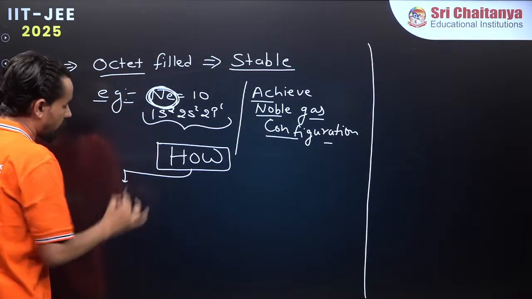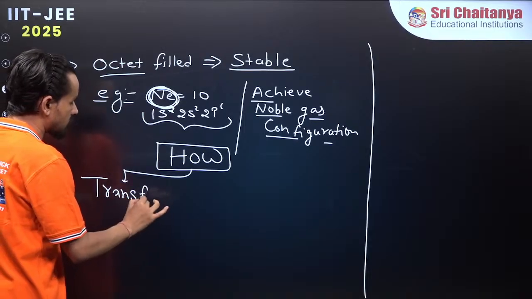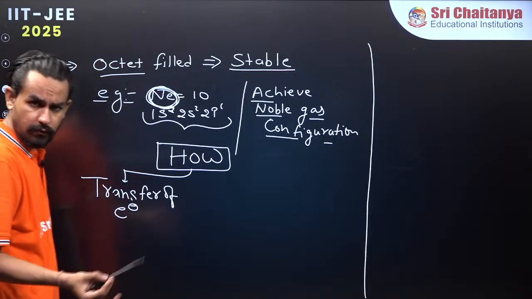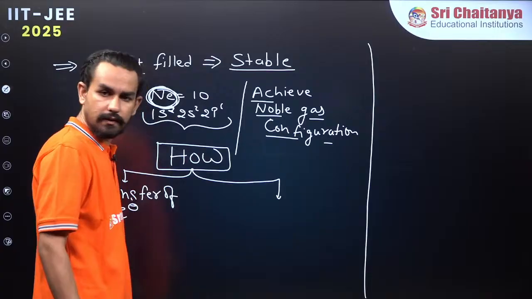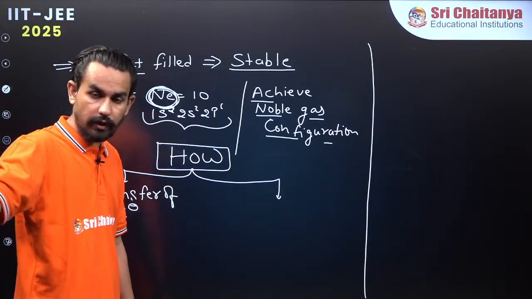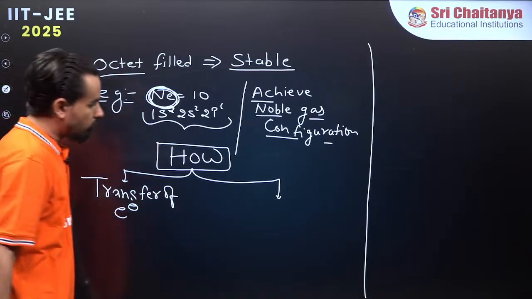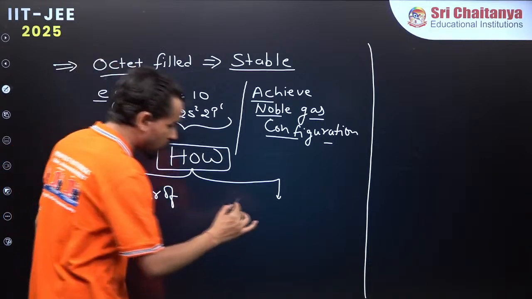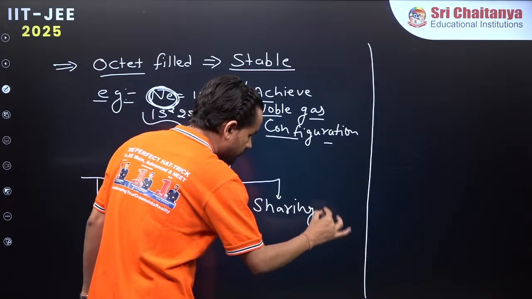That is, in one word we can say transfer of electrons. One method is transfer of electrons that we have seen in valency. In valency also we are seeing how many electrons are needed to be lost or gained in order to attain noble gas configuration. So that is transfer of electron. And one more thing, I gave you a hint when we were discussing carbon, one more procedure is sharing of electrons.